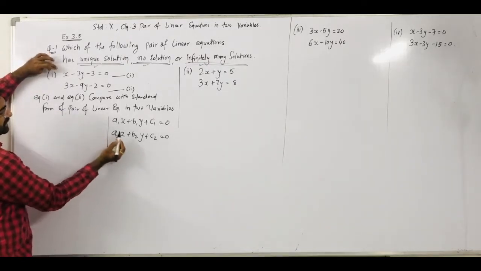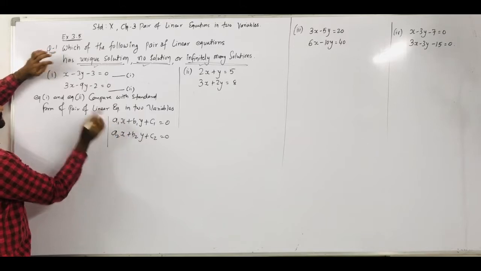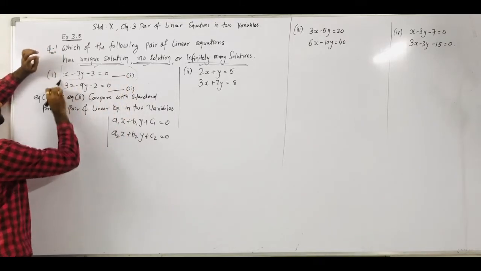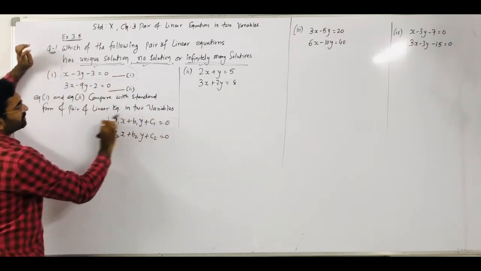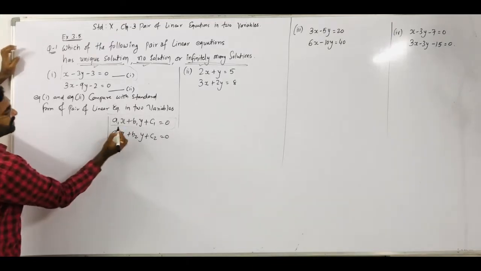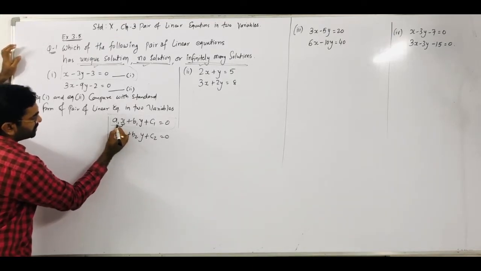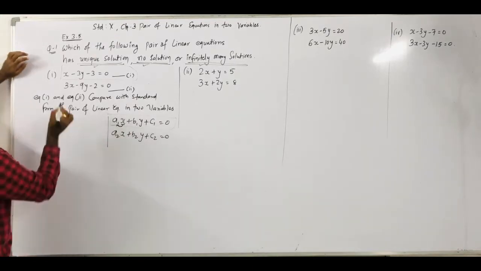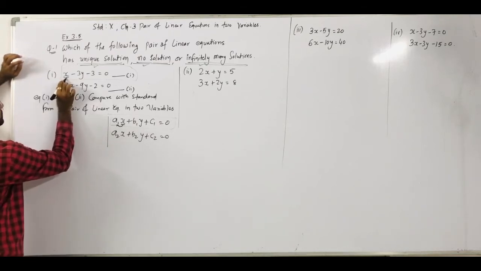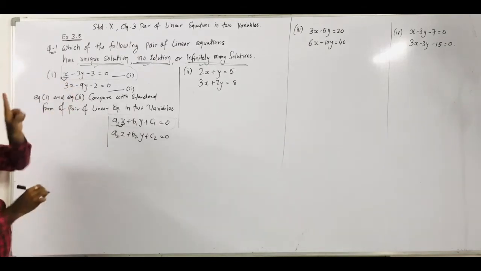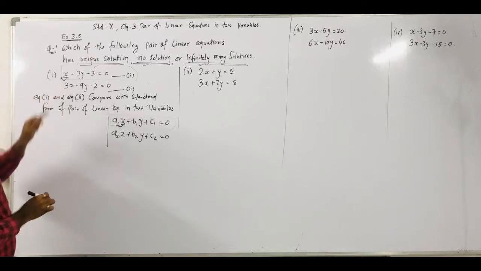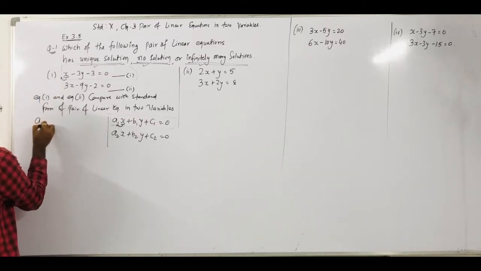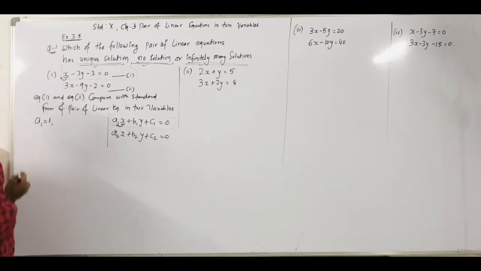We have to write. See, here this is the first equation, right? And this is the first equation of the standard linear pair of equations. So observe, the x coefficient is a1. In the first equation, the x coefficient is 1 only, right? So we can say the a1 value is 1.